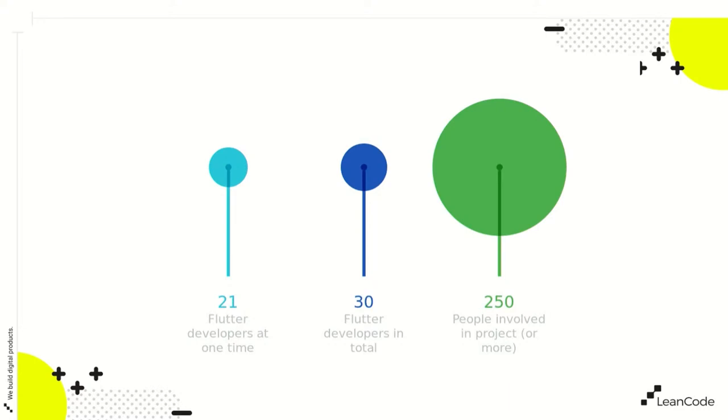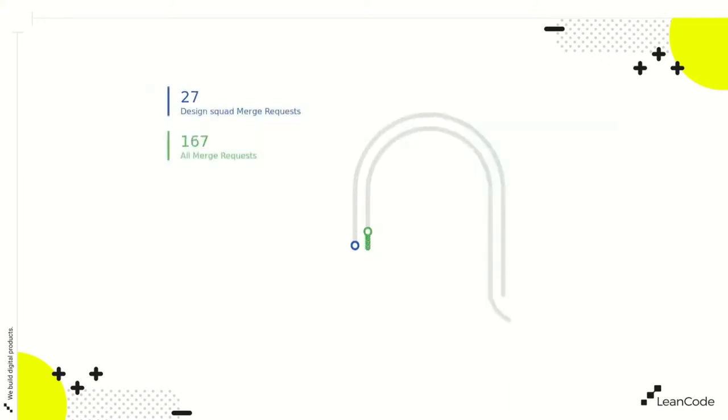People like product owners, testers, translators. And over the past year, we made around 5,000 merge requests, actually more than that, and 800 of them were authored by the overall design team. And this all yielded more than 16,000 commits, if you were interested in that.